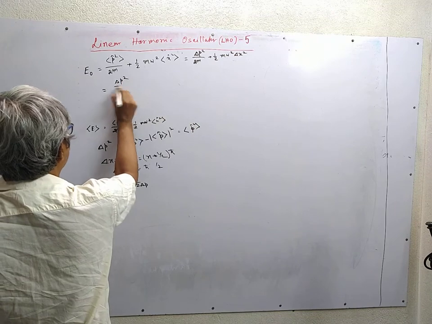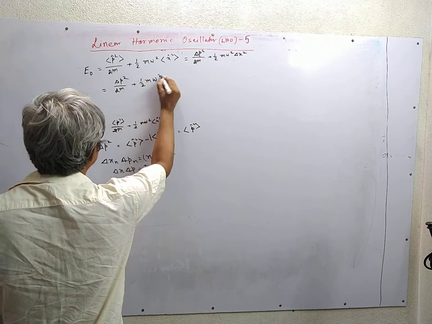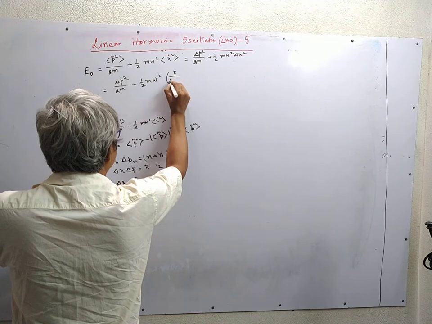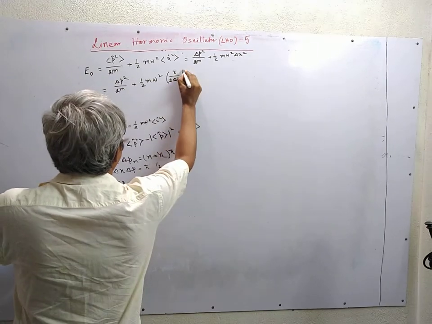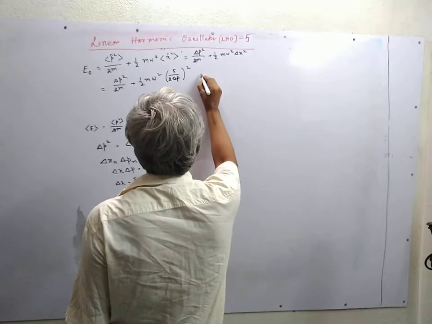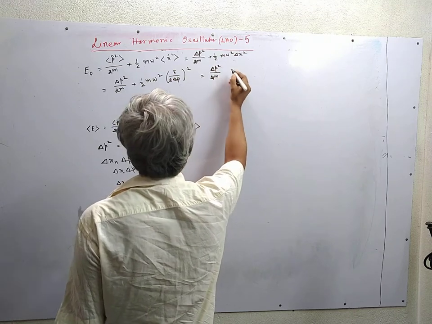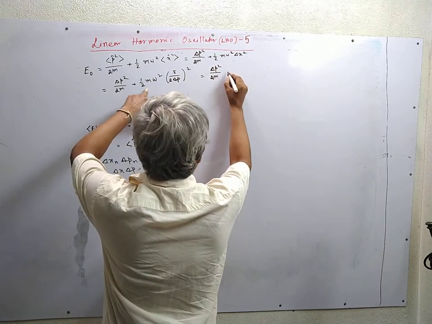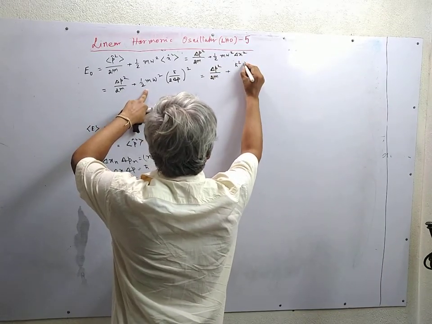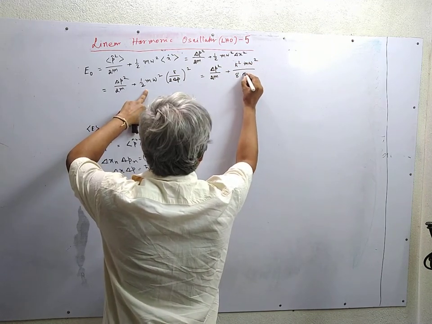So we replace this to get the energy expression like this: delta p square by twice m plus half m omega square, and for x square we write h cross square by twice delta p whole square. On simplification, this becomes delta p square by twice m plus h cross square m omega square by 8 delta p square.